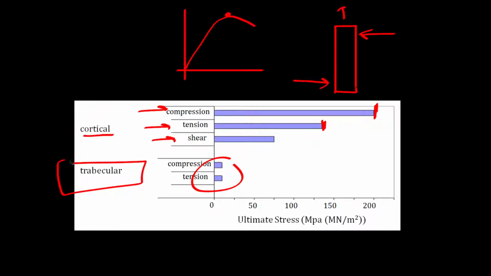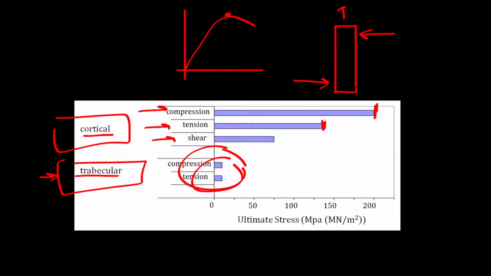A good example of this difference: one thing that happens quite often in car accidents is people will fracture their pelvis because they sustain a very high force to the pelvis, which is a largely trabecular bone. And as you can see, the pelvis will not be able to handle the compressive and tensile forces induced by a high force nearly as well as, say, a cortical bone.